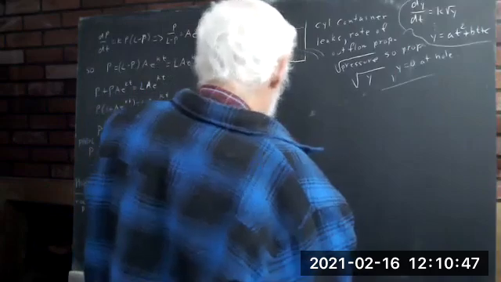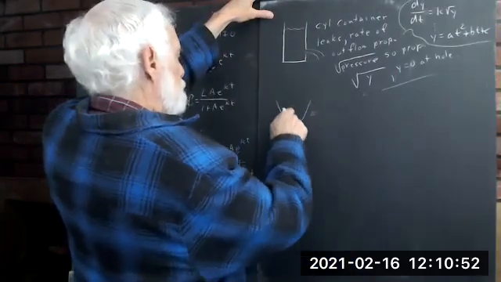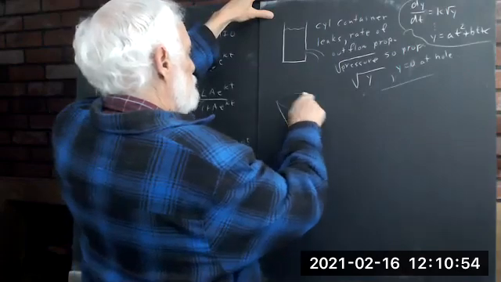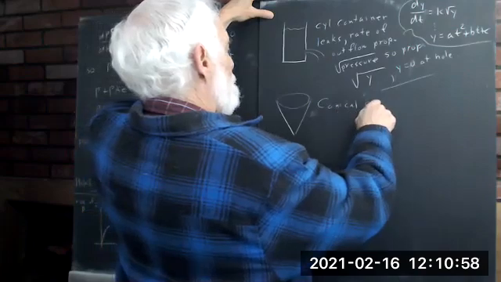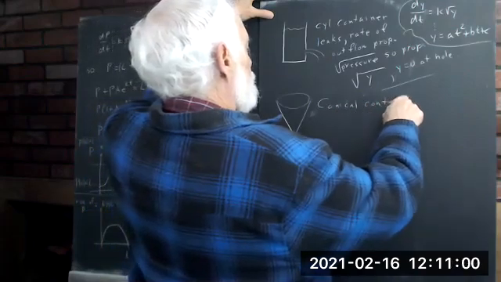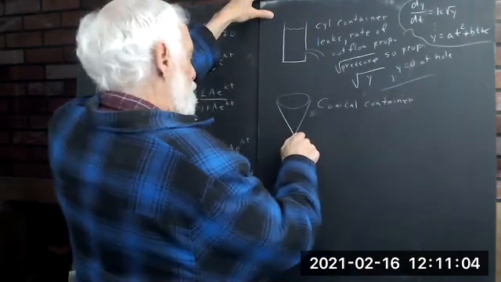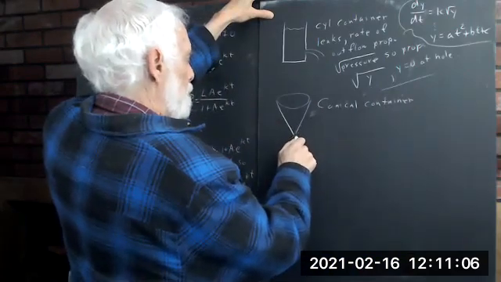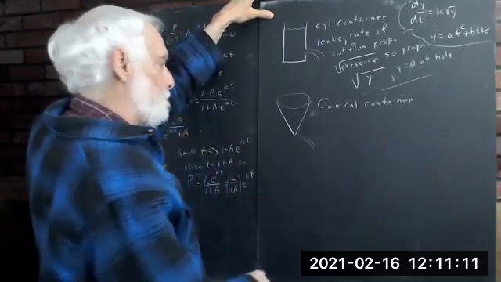Now, conical container. Let's just say you have a hole at the bottom here, so the water's flowing out of this hole.